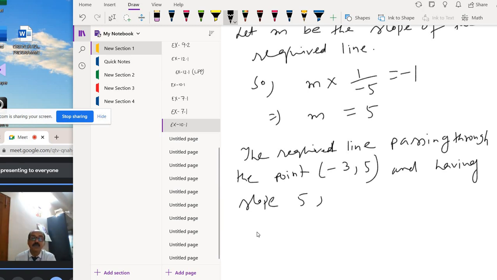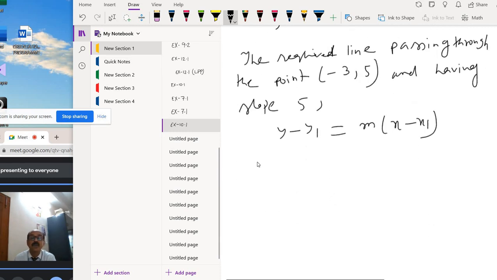The formula is y minus y1 equals m into x minus x1. So y minus 5 is equal to 5 into x plus 3, since x1 is minus 3.